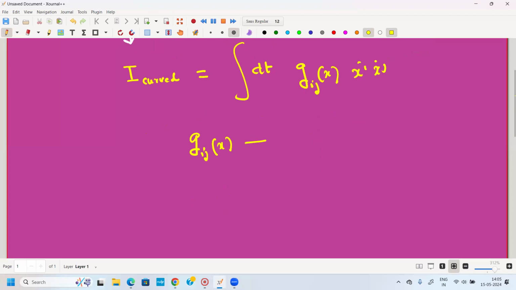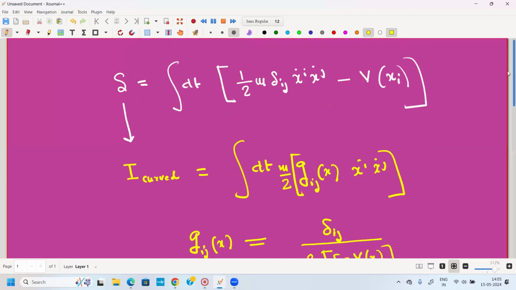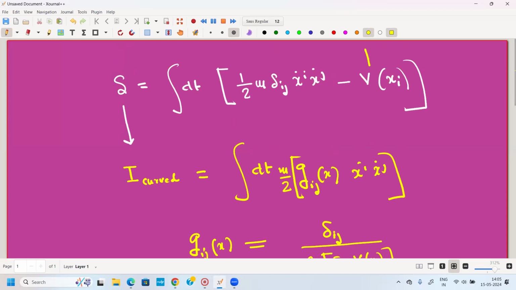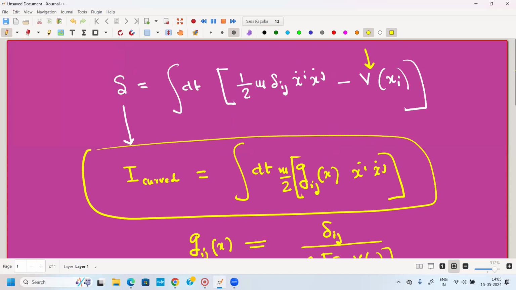It goes to the structure of a Riemann curved space metric, which is defined in terms of the following structure, which encodes the information of the potential. So one can immediately observe that we just incorporate this mass term appropriately. So we can say that a particle moving in flat space with a potential is dynamically equivalent to a free motion, but in curved space.